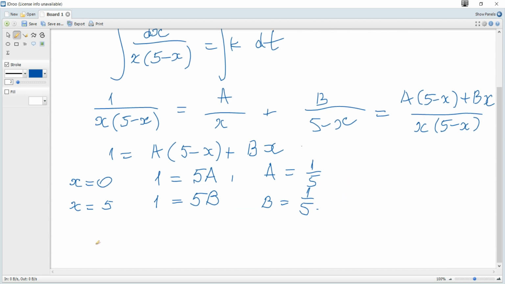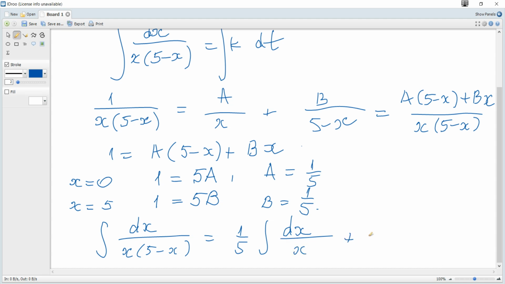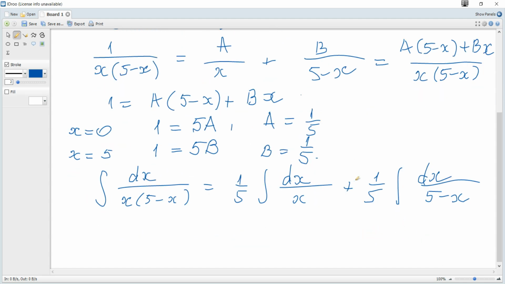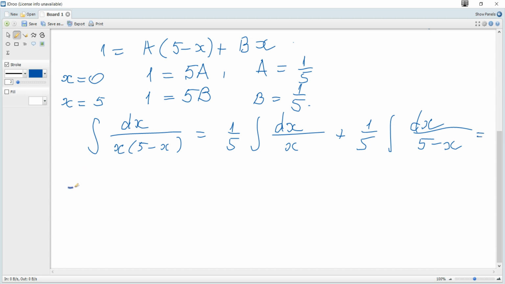Hence, the integral of dx over x times 5 minus x becomes 1 over 5 integral dx over x plus 1 over 5 integral dx over 5 minus x, and it becomes 1 over 5 ln of the absolute value of x plus 1 over 5 ln, and we can apply a rule to consider this as a function of ax plus b.